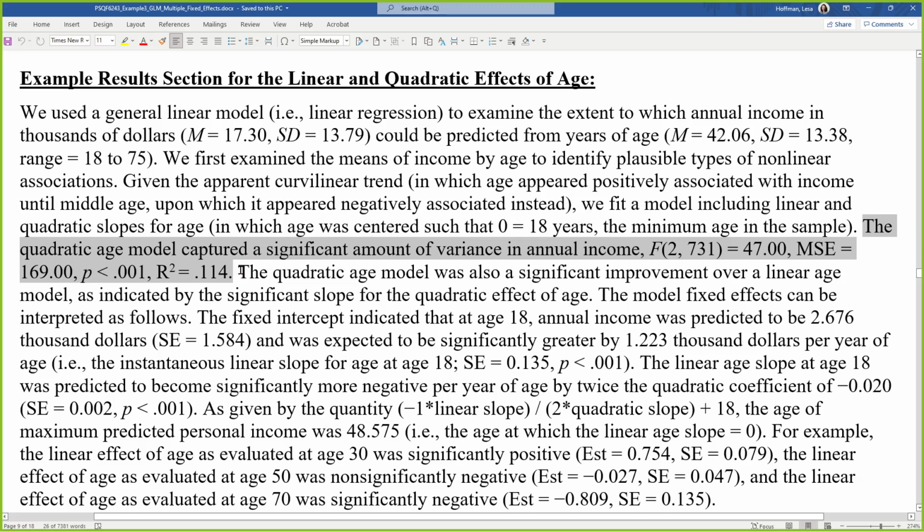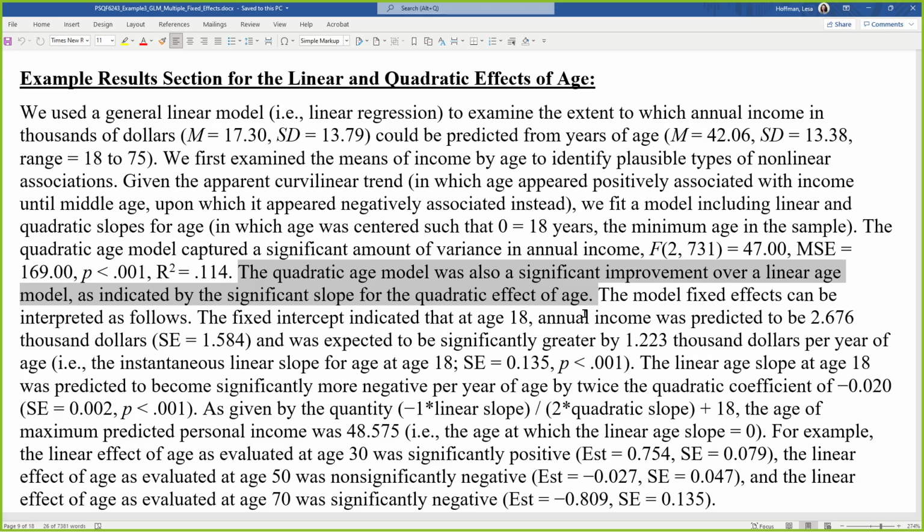Because if the model's not significant, there's not really much point in going forward. The quadratic age model was a significant improvement over a linear age model, as indicated by the significant slope for quadratic effective age. That means, hey, reviewer 3, don't tell me that a linear model would have been sufficient, because here's my test that it's not.